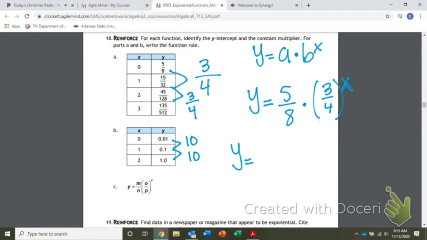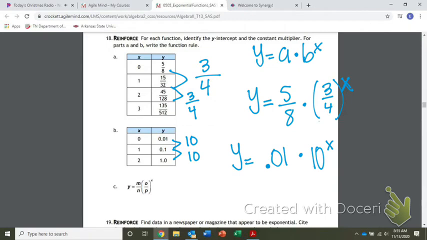What's my A value? 0.01. My constant multiplier is 10. And be sure to keep that X.